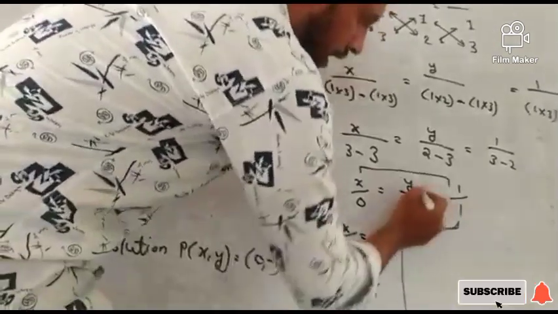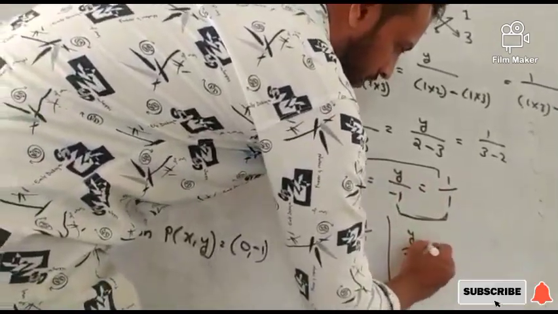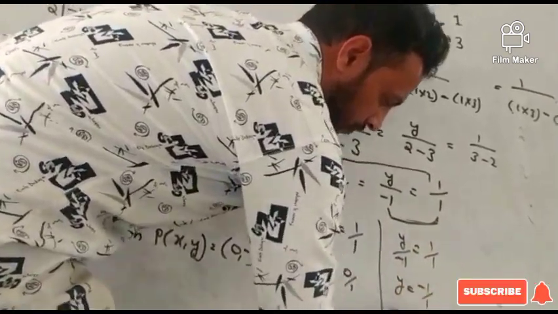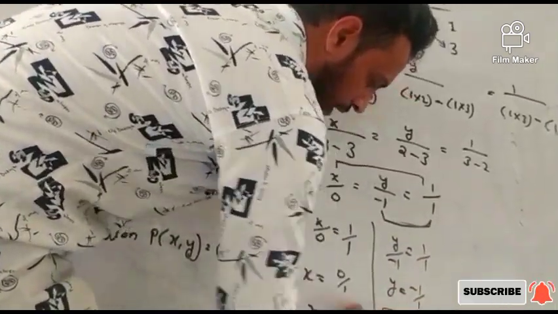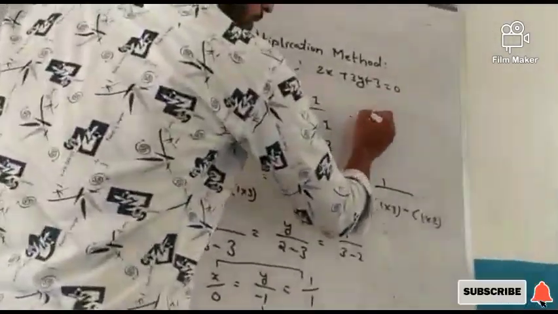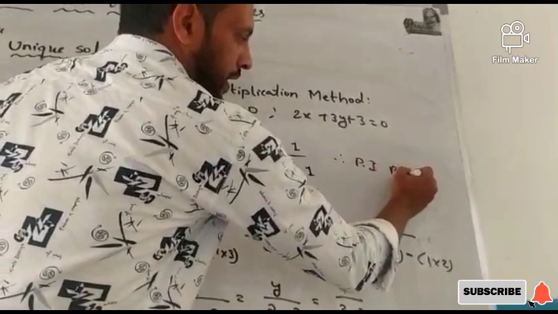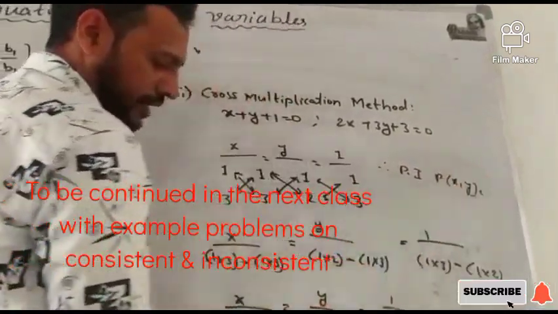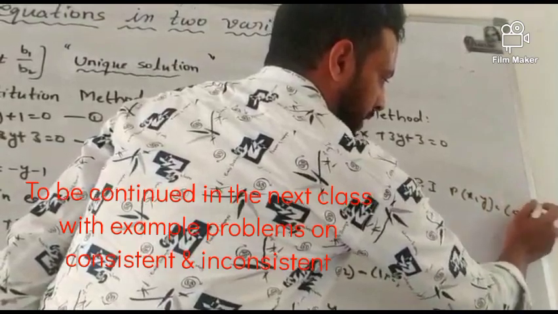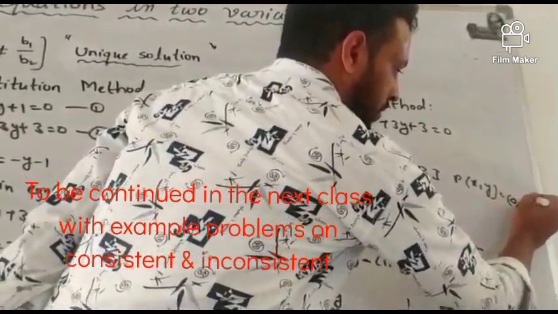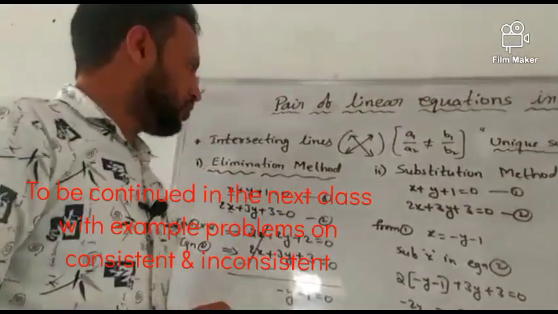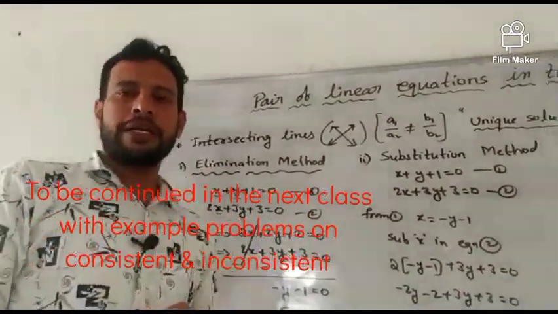So x is equal to 0, and y by minus 1 is equal to 1 by 1. So y is equal to minus 1 by 1. So y is equal to minus 1. So we got the x value and y value. Therefore the point of intersection P(x, y) is equal to how much we are getting here? 0 comma minus 1.